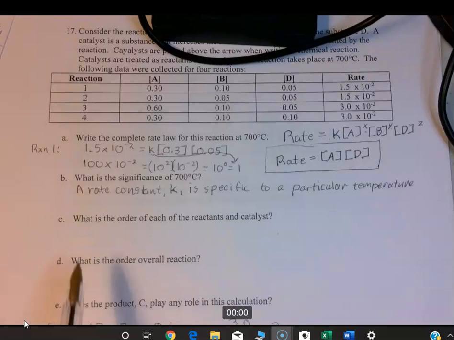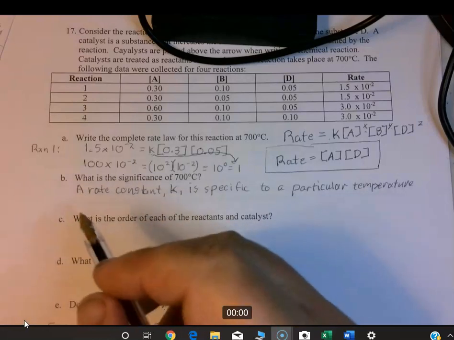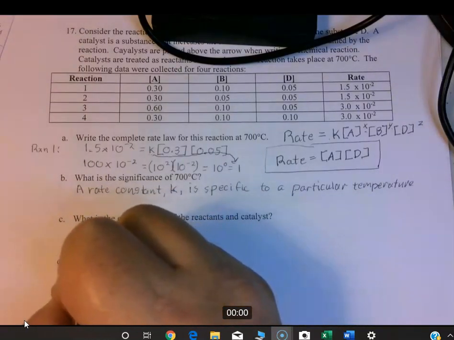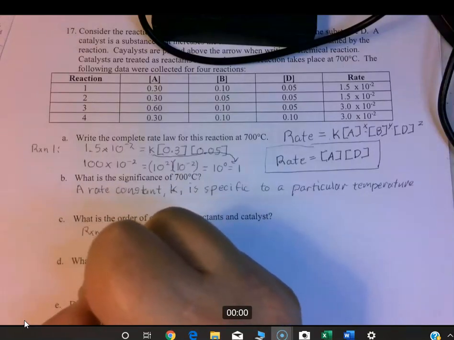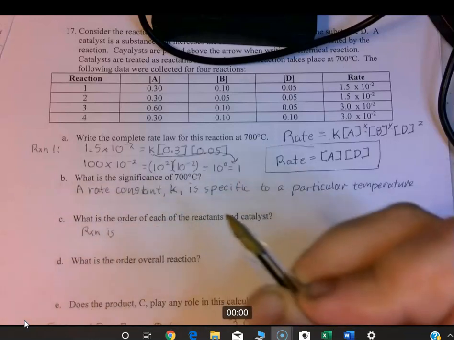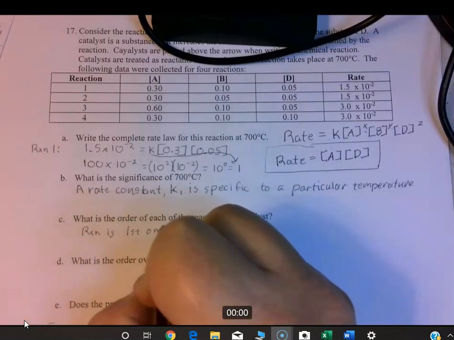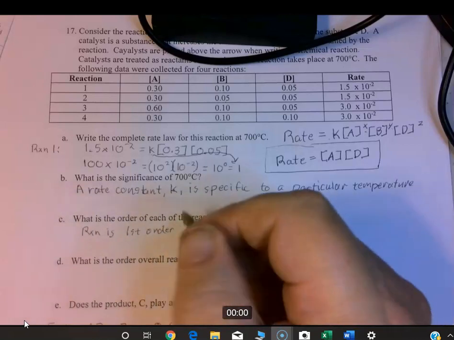All right, let's get on to C. What is the order of each of the reactants and the catalyst? So the order of A is the reaction is first order, using the proper phraseology here.